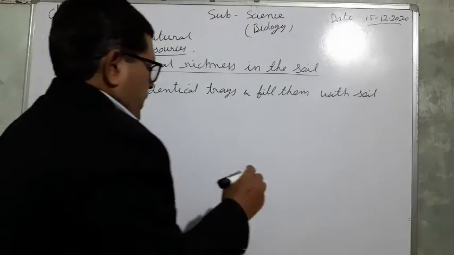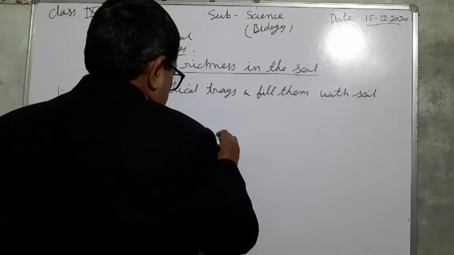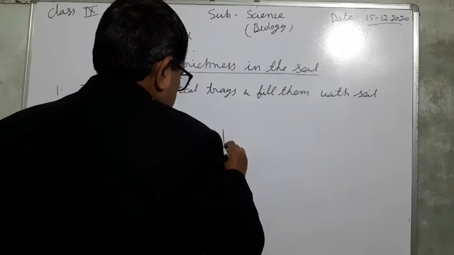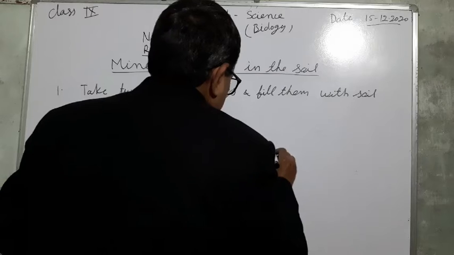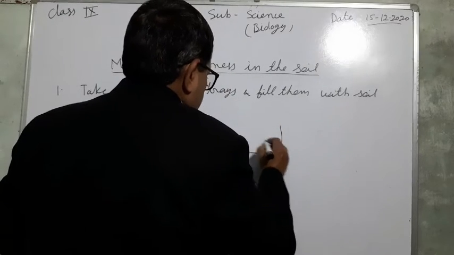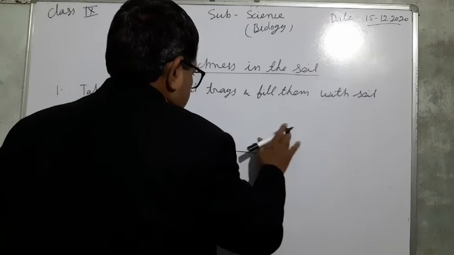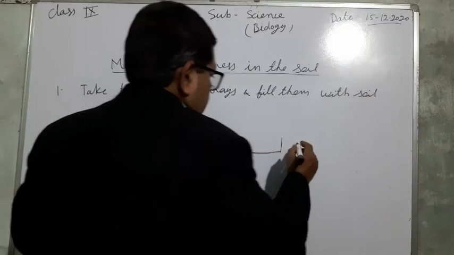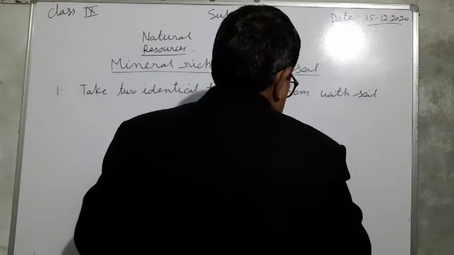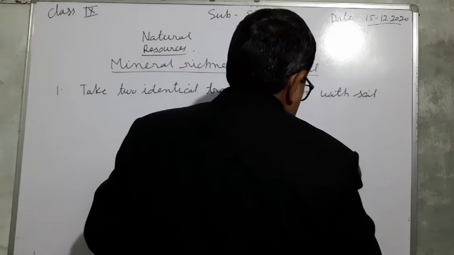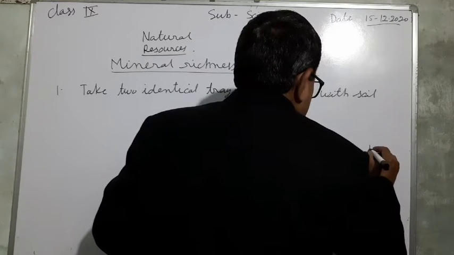They have to take two trays, and both trays must be of the same size. This is one tray, and this is another tray.